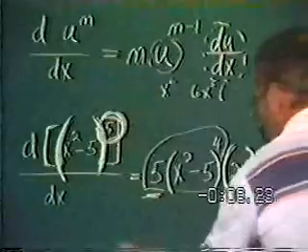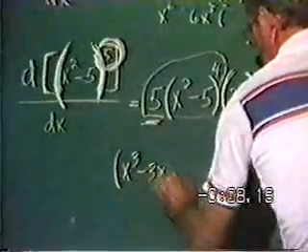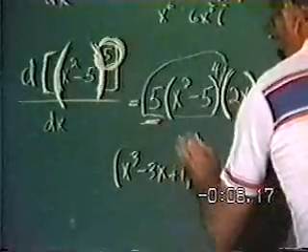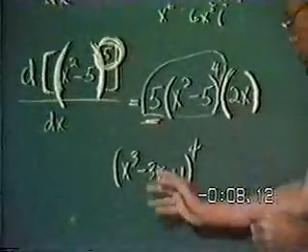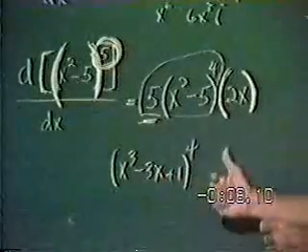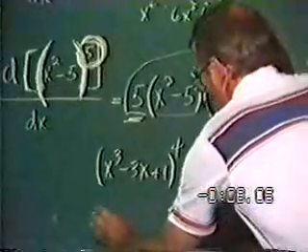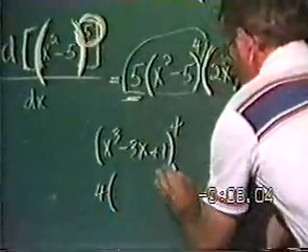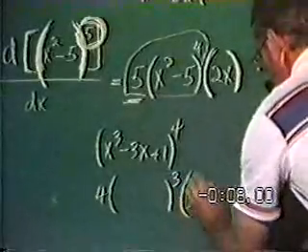Another example. If I have this object, the power rule, the chain rule, which I could say is the same thing as the power rule, says this. This is 4 times the parenthesis to the third power times the derivative of the inside.